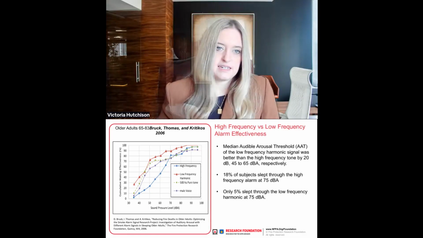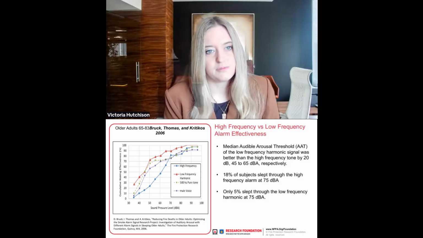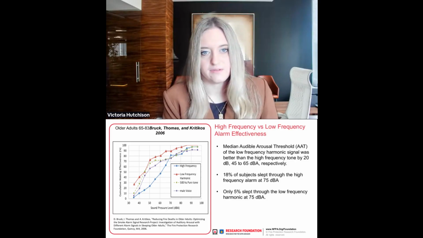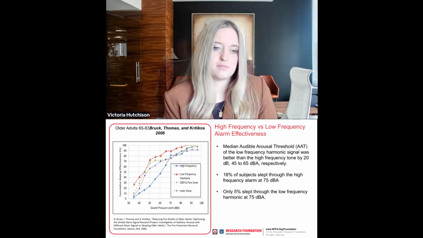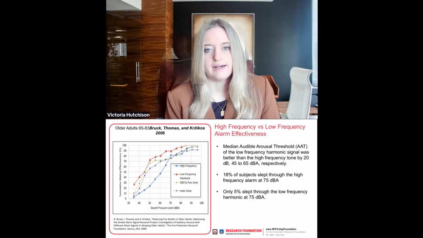The next study focused specifically on older adults between the ages of 65 and 83. This was done by Brock and Thomas several years back.